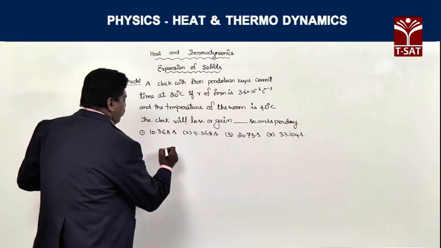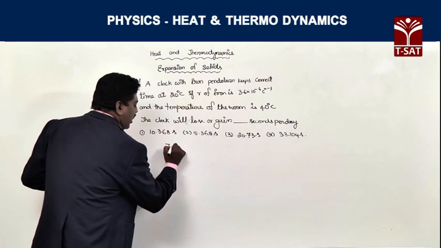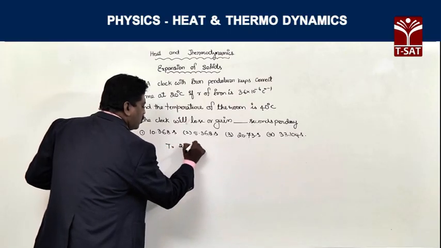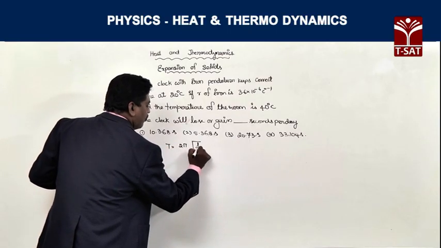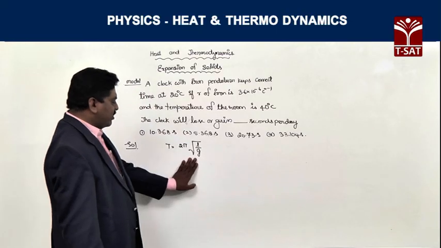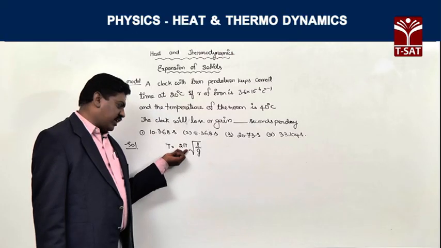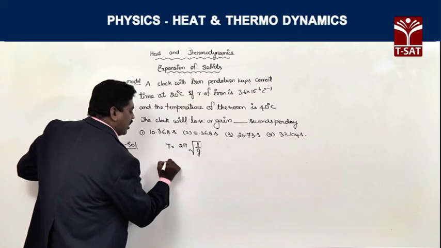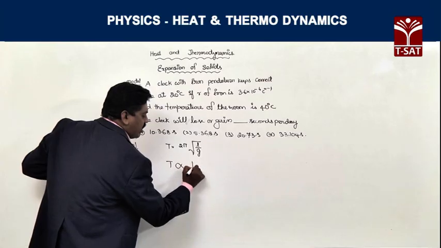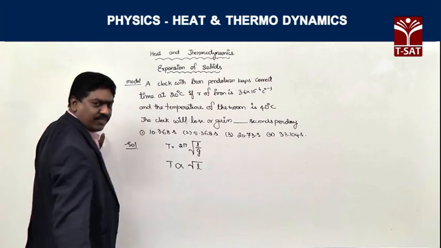From the time period of simple pendulum, we have got T equals to 2 pi root L by g. For a given place, acceleration due to gravity remains constant and the 2 pi is already constant. So, we are having the time period is proportional to square root of length.